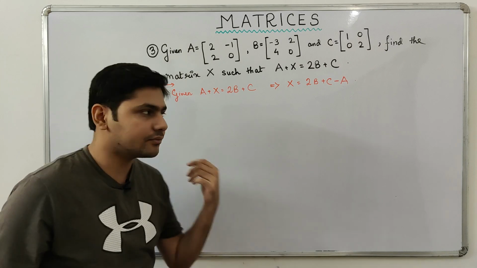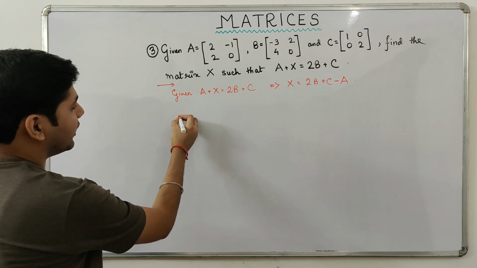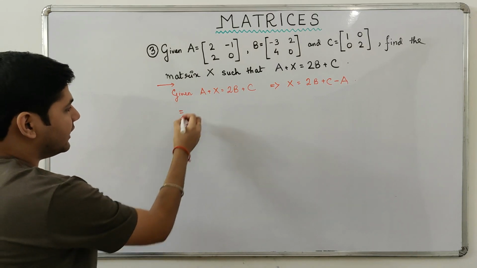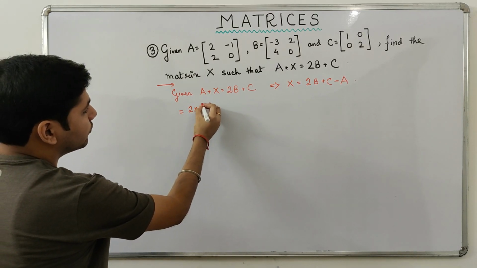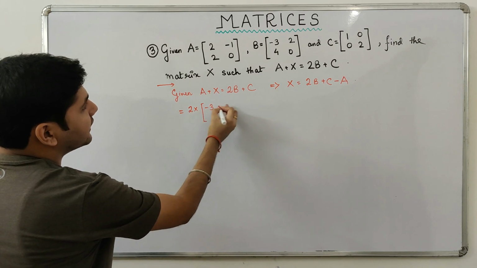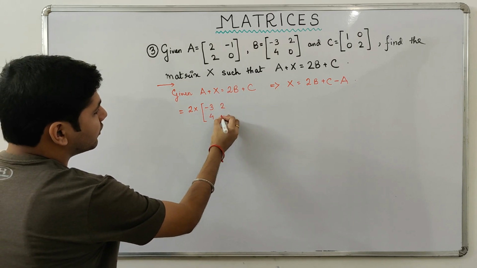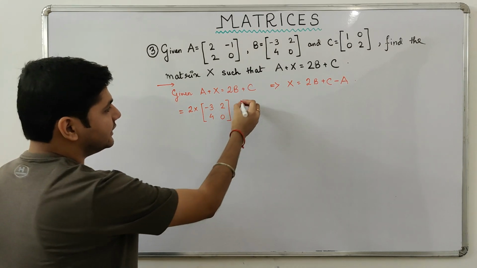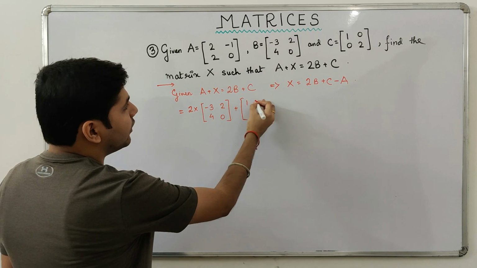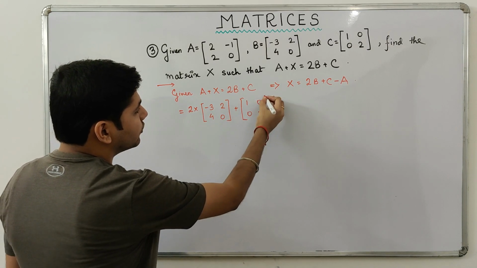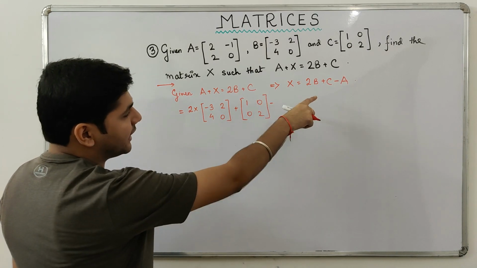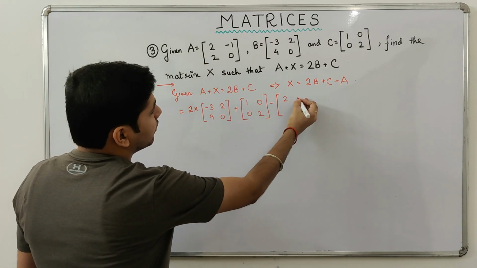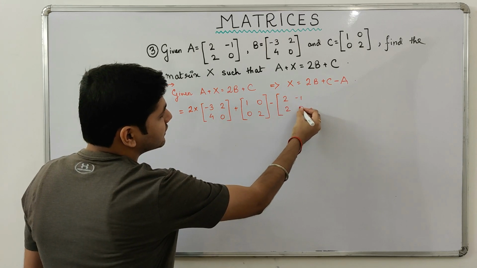Let's do that. So what do we have for x? 2b. So 2 into the matrix B, so 2 into minus 3 2 4 0, plus c, the matrix C, 1 0 0 2, minus the matrix A, which is 2 minus 1 2 0.